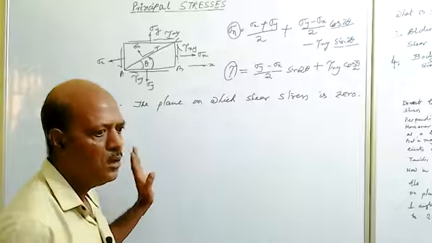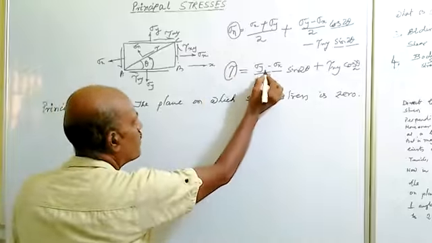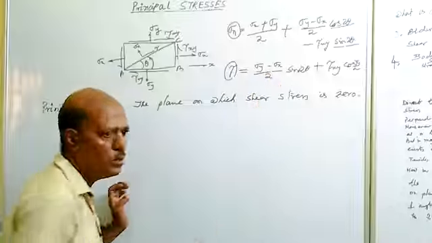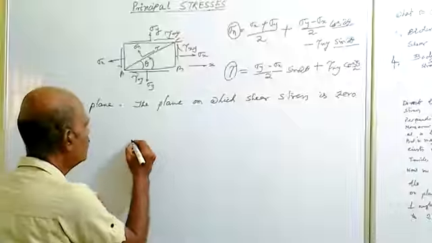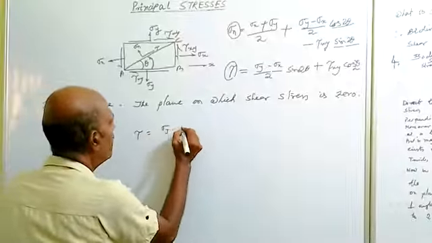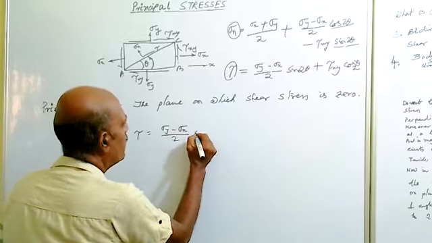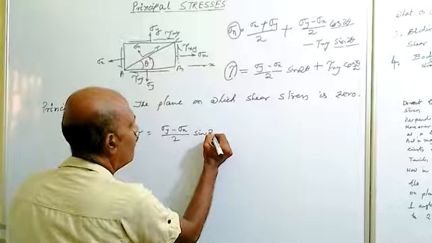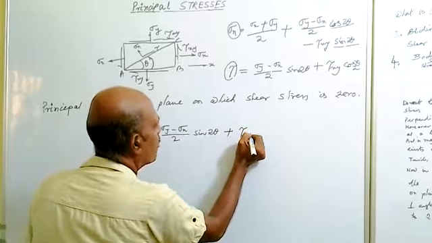Now how to get that plane? So for shear stress we have got tau is equal to sigma y minus sigma x by 2 sin 2 theta plus tau xy cos 2 theta.